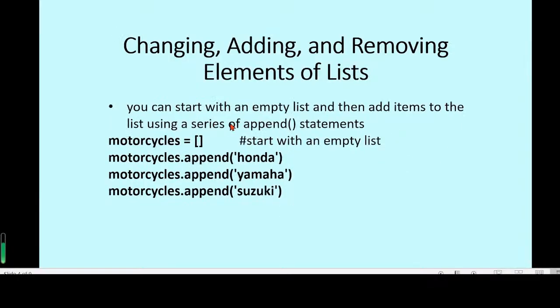You can start with an empty list and then add items to the list using a series of append statements. So we can also create an empty list first with 2 brackets. Then motorcycles append Honda, append Yamaha, and append Suzuki.